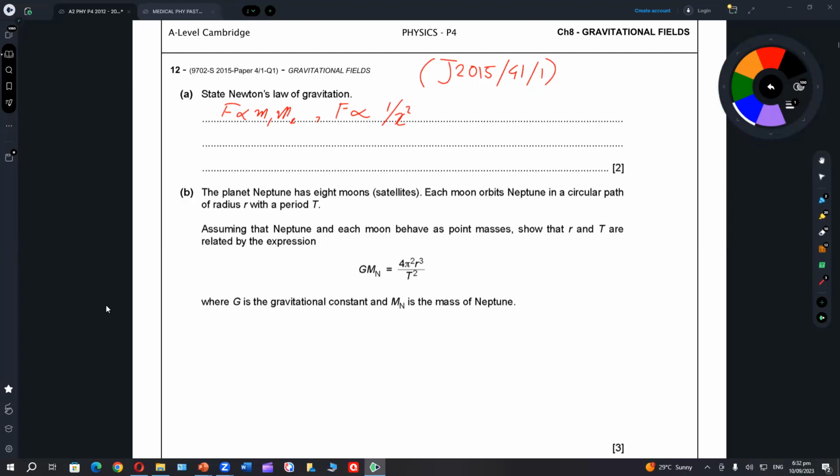The force of attraction between 2 point masses is directly proportional to the product of the masses and inversely proportional to the square of the separation between the masses. Force of attraction.